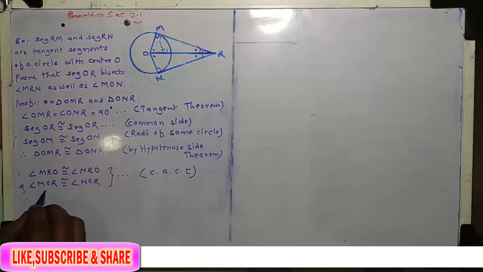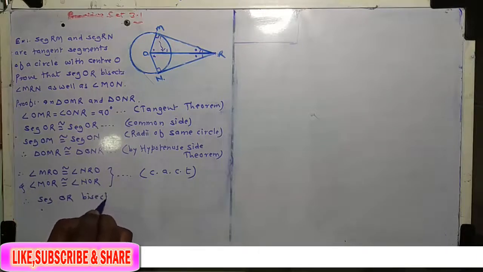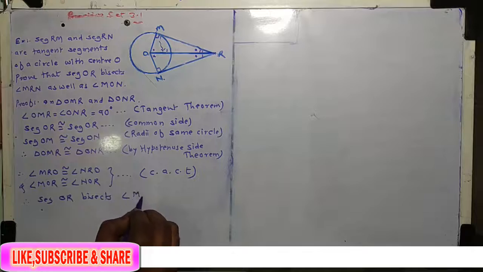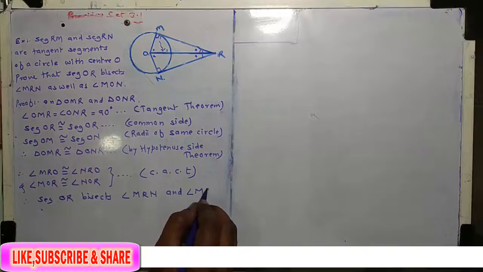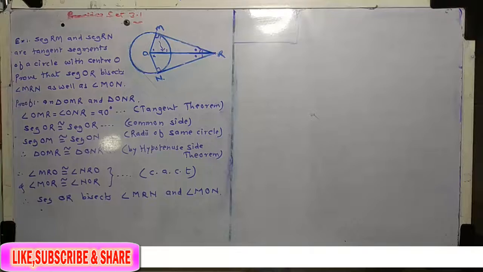And therefore segment OR bisects angle MRN and angle MON. In this way we can prove this example. Yes, any doubt in this example? So in this way, these three examples are important examples from practice set 3.1. So you just practice these three examples, very important examples, and that tangent segment theorem is very important. Okay.